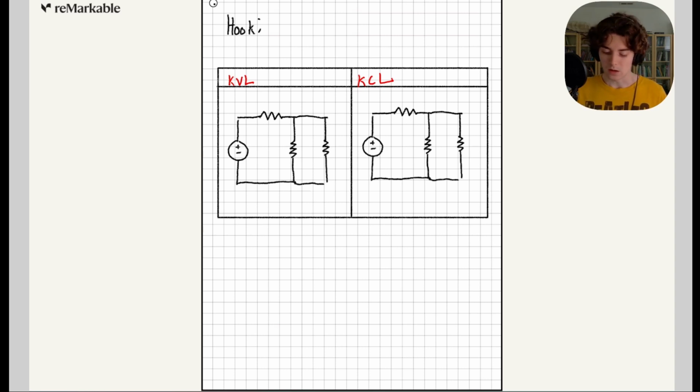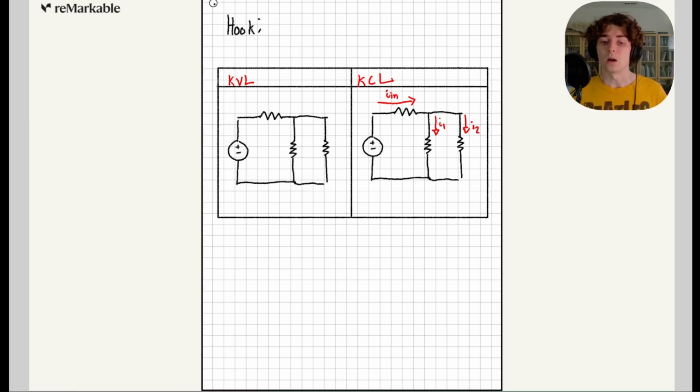Kirchhoff's current law states that for any current into a node, or what that means is a wire, that has to equal the current that leaves the node. This also intuitively makes sense and is based off the conservation of charge.